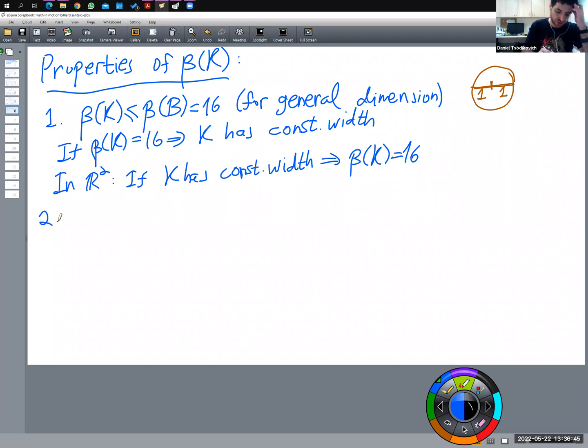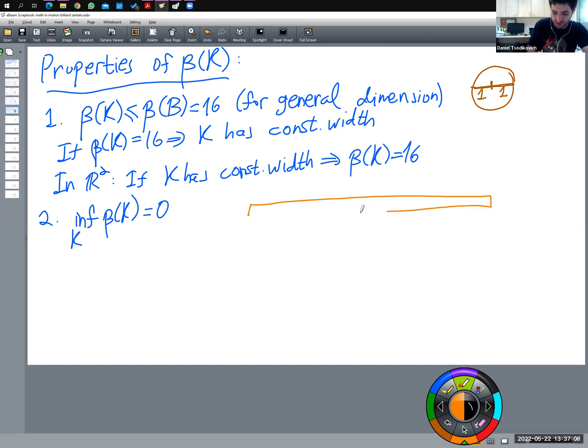Now, the second question was whether there is a lower bound. But here it's easy to see that there is no lower bound. The lower bound is 0. So maybe let's write it like this: the infimum of beta K over all K is 0, because one can just take very narrow rectangles, and then their duals will be very thin rectangles.